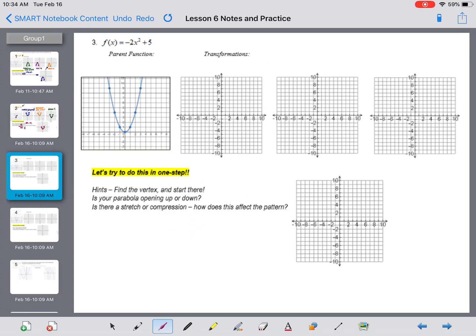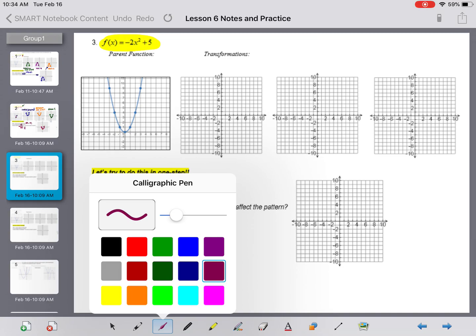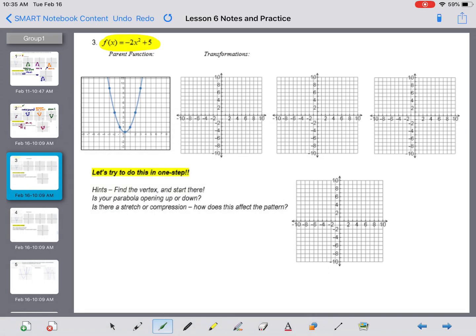If we take a look at problem 3, here's the parent function, here's the transform function. We're going to do it in multiple steps and then do it in one step. So our first multiple step, our first one, we have that negative out in front, so it's a reflection over the x-axis.